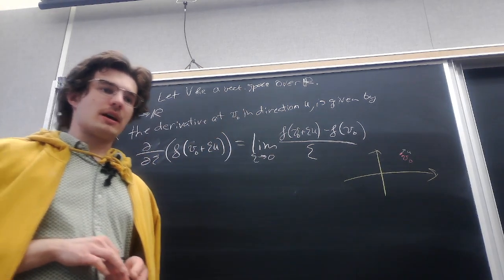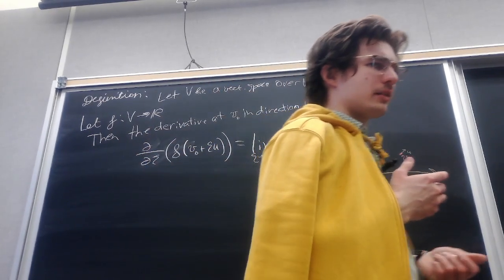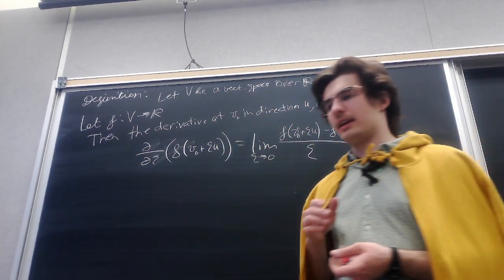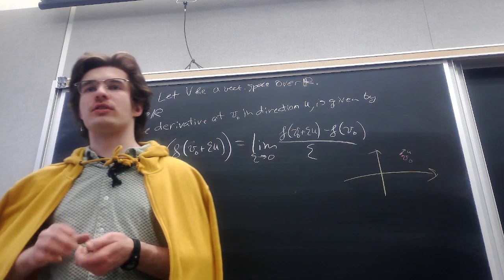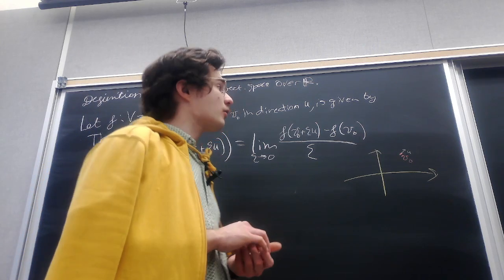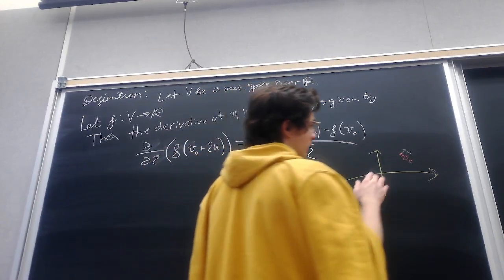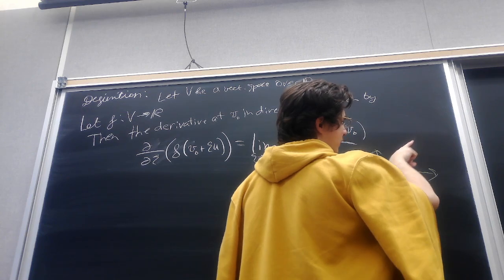And then we remembered that the derivative is like a best linear approximation. This tells me the best linear approximation of my function if I was to vary it in this direction.